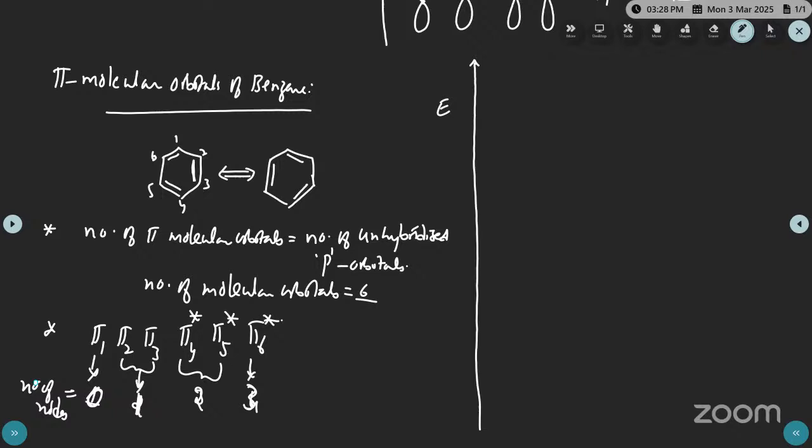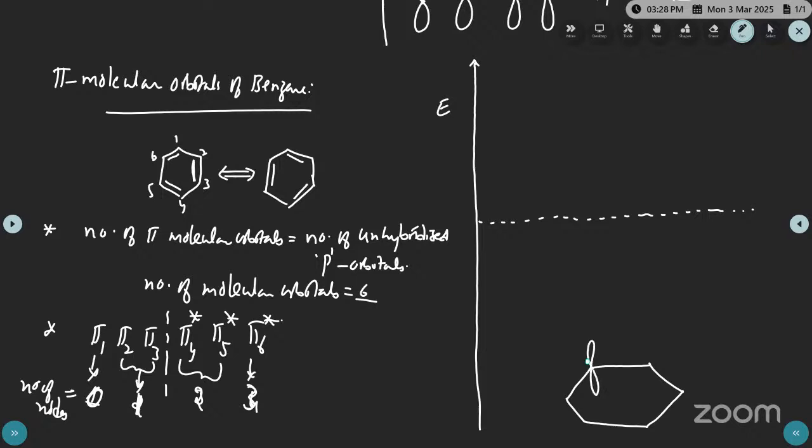In this, 3 are bonding molecular orbitals and these 3 are anti-bonding molecular orbitals. There is an energy barrier in between the orbitals. At lower energy, pi 1 molecular orbitals are formed like this.